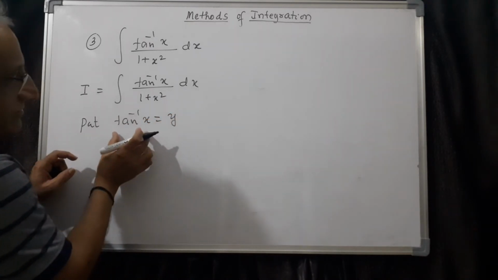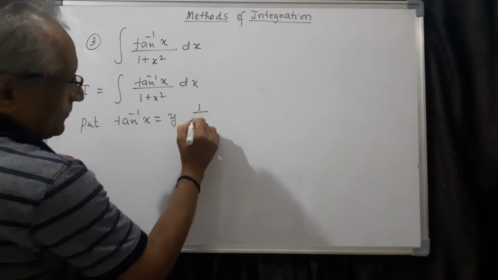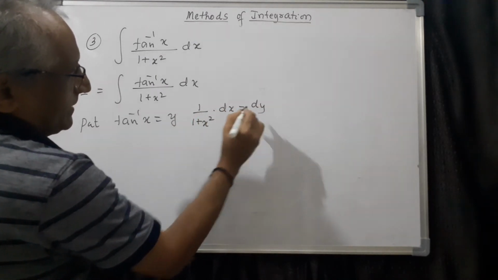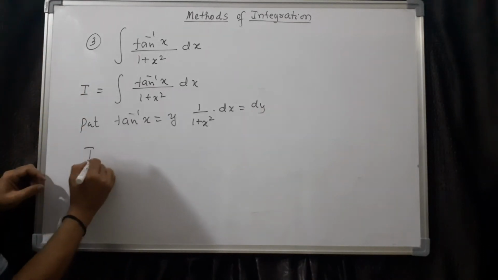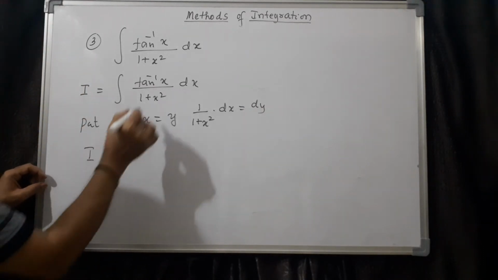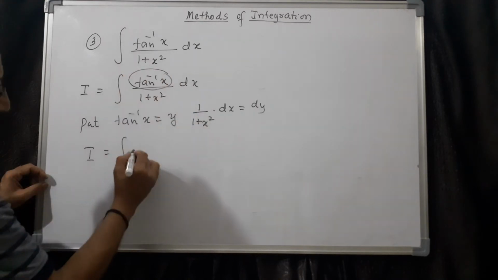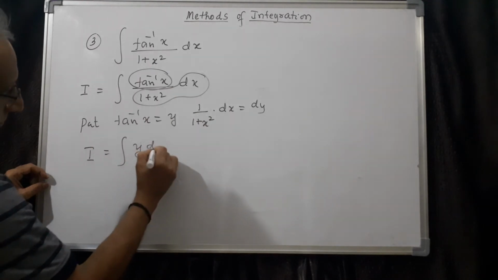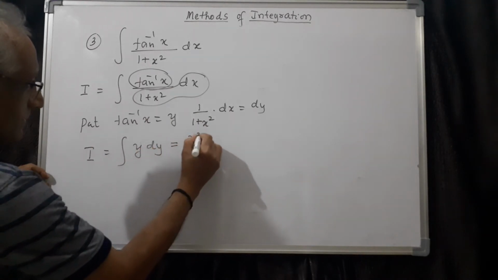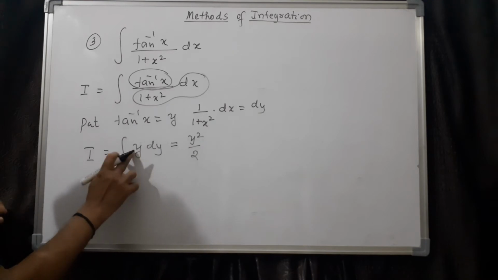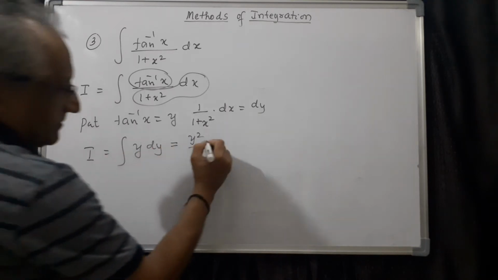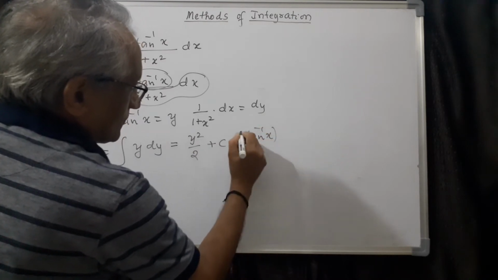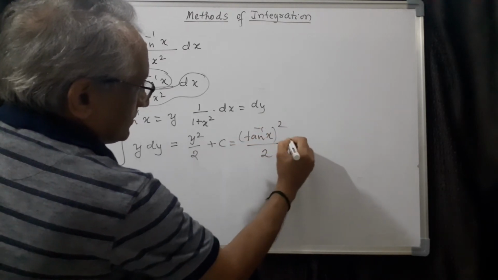Differentiation of tan inverse x is 1 by 1 plus x square into dx equal to dy. Therefore, I will be equal to integration of y, and the rest itself becomes dy. So y dy is y power 2 by 2 plus c, which is tan inverse x whole square divided by 2 plus c.